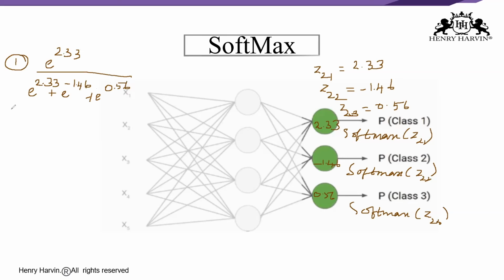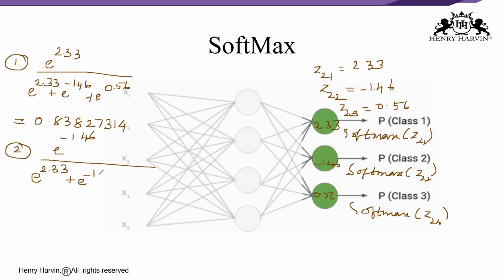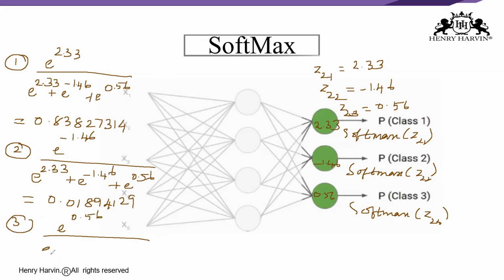When you calculate, you will get the answer 0.83827314. Similarly, for the second one, e power minus 1.46 divided by the same denominator, e power 2.33 plus e power minus 1.46 plus e power 0.56, we get 0.01894129. For the third one, e power 0.56 divided by the same denominator, we get 0.1427857.